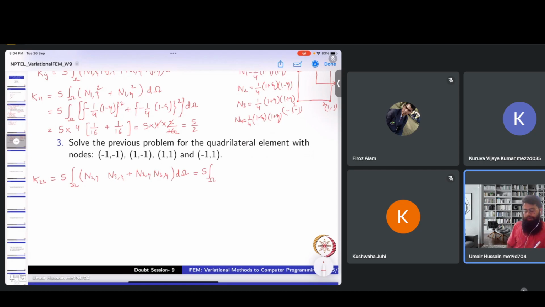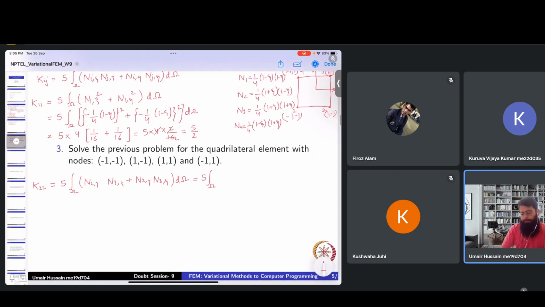The derivative of n2 with respect to xi is 1 by 4 times 1 minus eta, or 1 minus eta by 4.